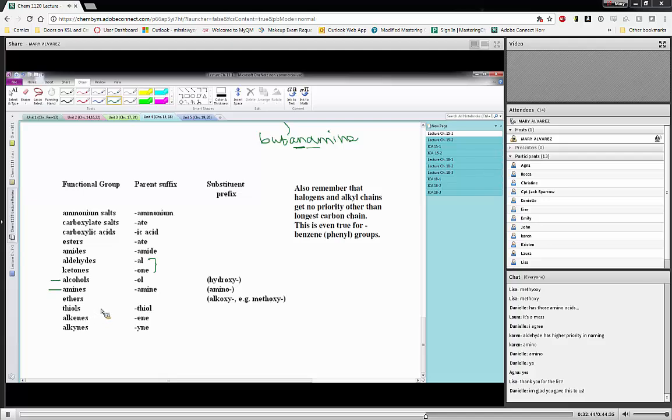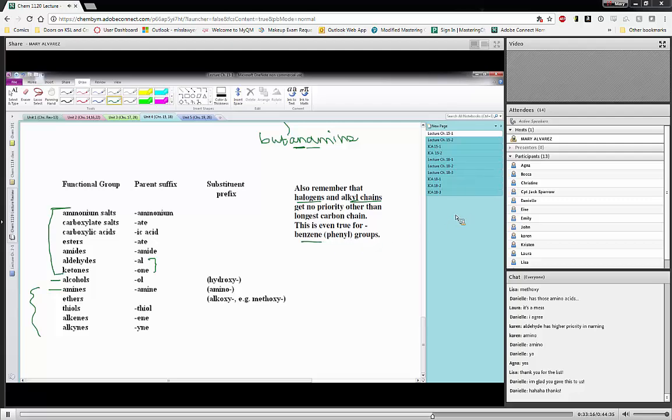You get the idea, but I'm not going to go crazy on you guys, okay? Hopefully this helps you sort out what you're going to see. I'll give you one or two of these, then I can give you these as substituents, because you know how to name those as substituents. But I'm not going to give you two or more of these if they're different things. Anyways, halogens, alkyl chains, even benzene rings have no priority at all.